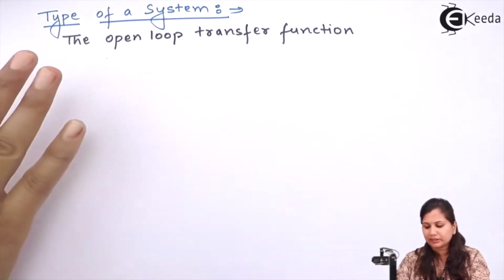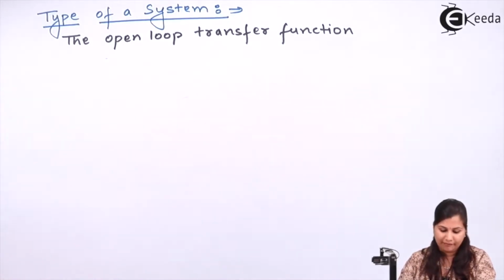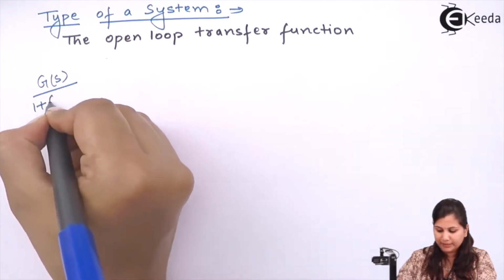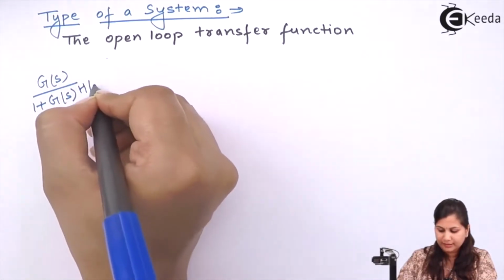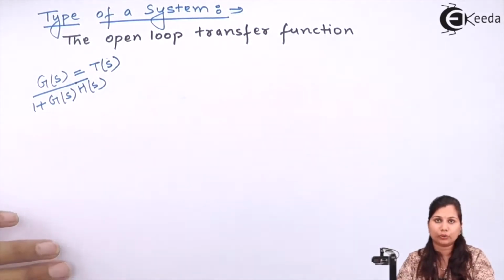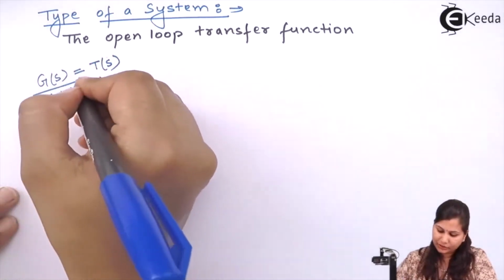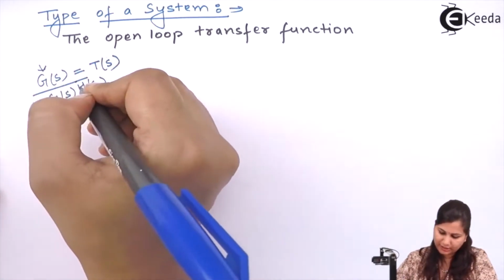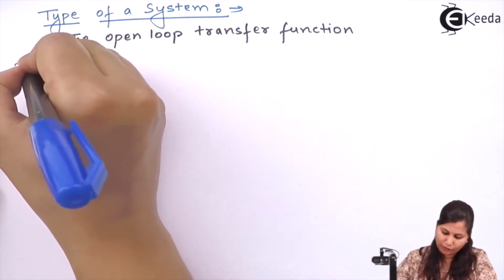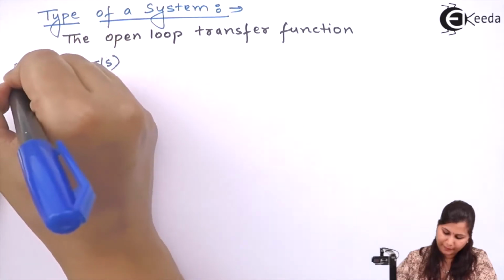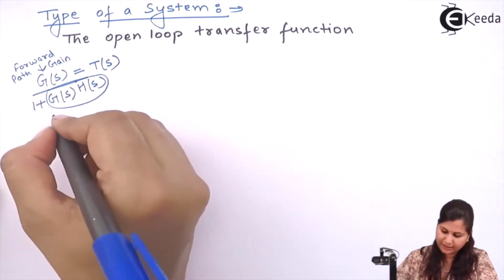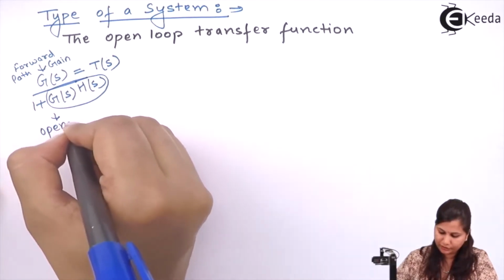If we want to represent the open loop transfer function, we have seen that G(s)/(1+G(s)H(s)) is the closed loop transfer function of a control system. In this transfer function, G(s) is the forward path gain and G(s)H(s) is the open loop transfer function.